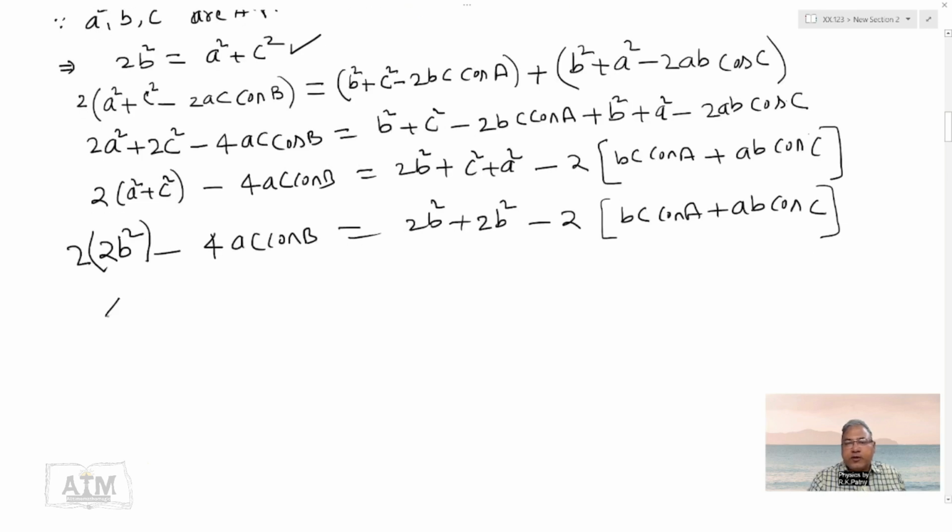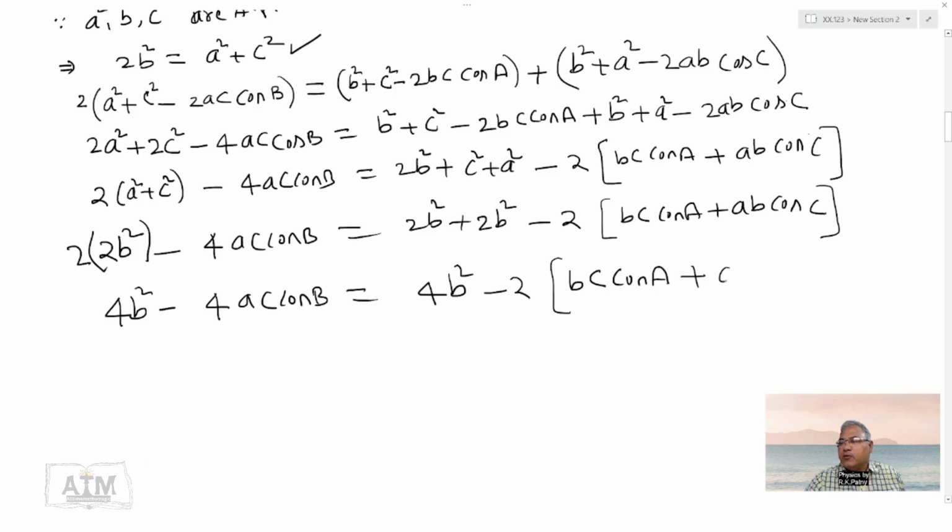So this becomes 4b square minus 4ac cos B equals 4b square minus 2bc cos A plus ab cos C. B square gets cancelled on both sides.